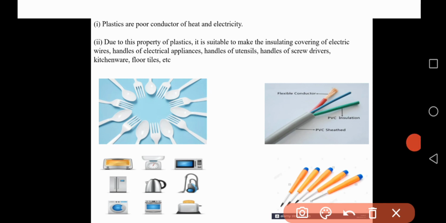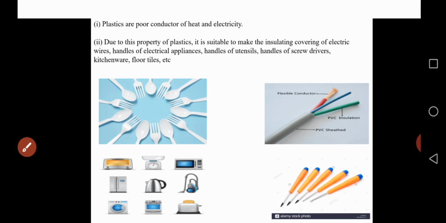Because of this property, plastic is suitable to make the insulating covering of electric wires. See that electric wire: the covering layer is made up of plastic, because plastics are poor conductors of heat and also electricity.